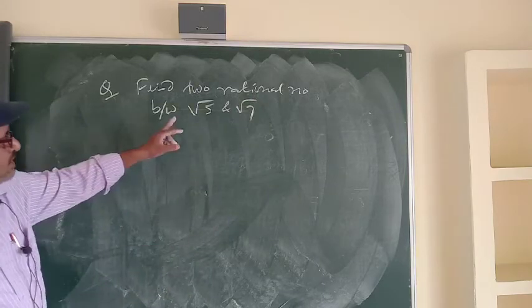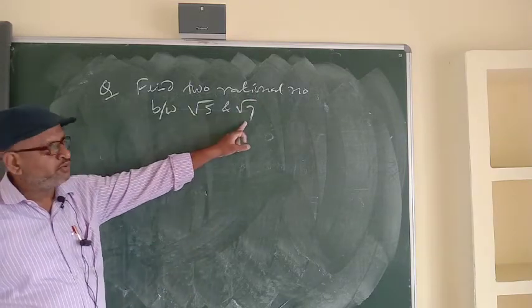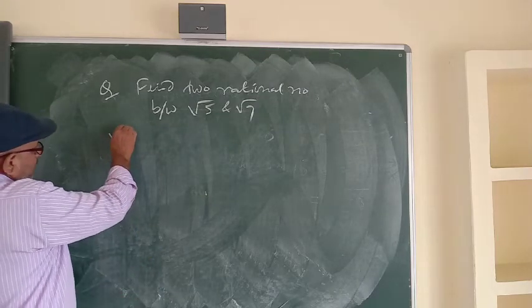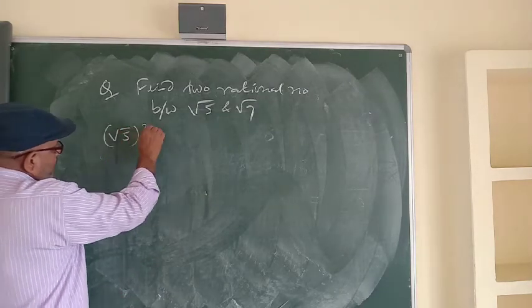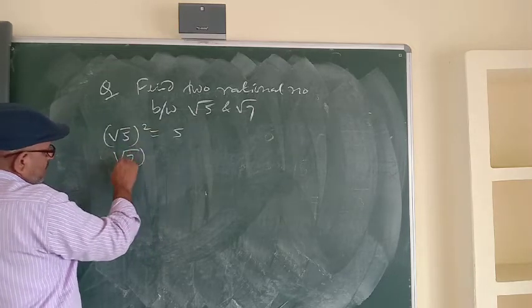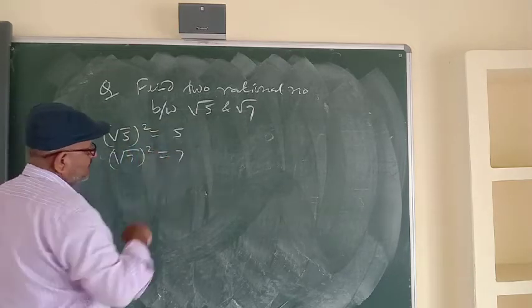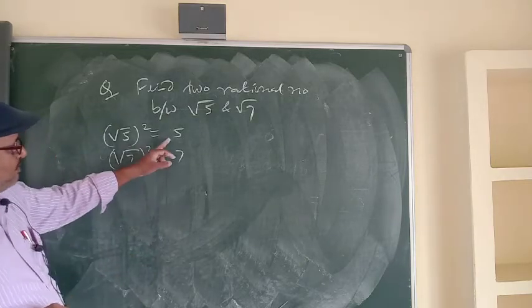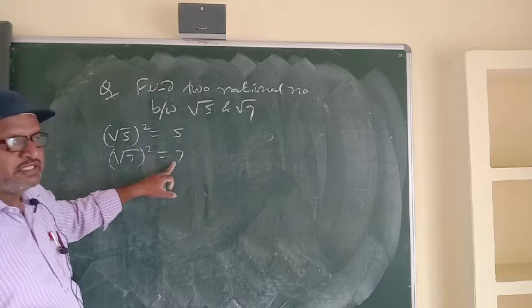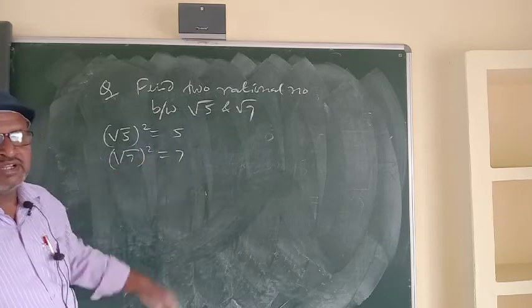We have to insert two rational numbers between these two irrational numbers. How will we do it? Firstly, take the square of root 5, it will be 5. Take the square of root 7, it will be 7. Now we have to take two such numbers between 5 and 7 whose square root can be taken.